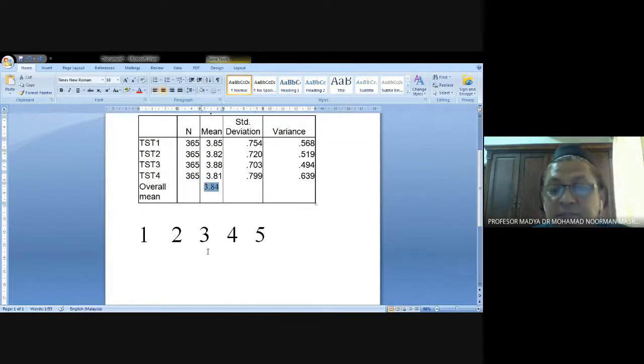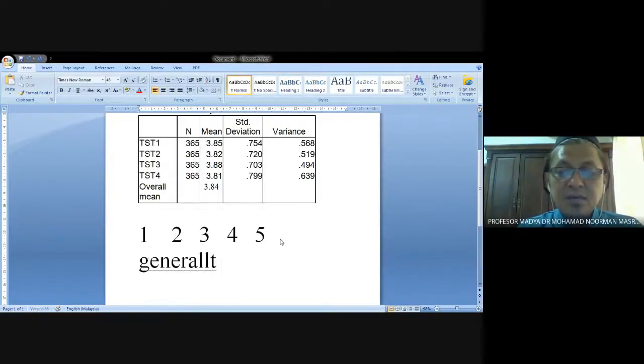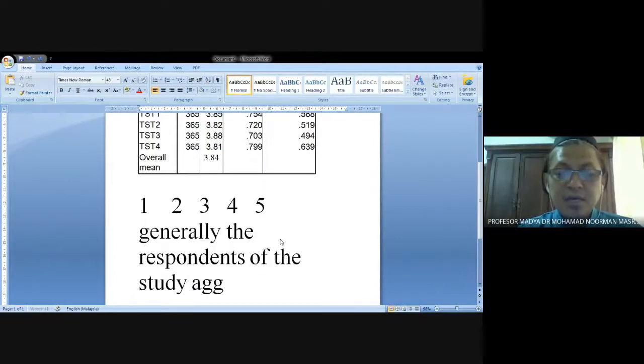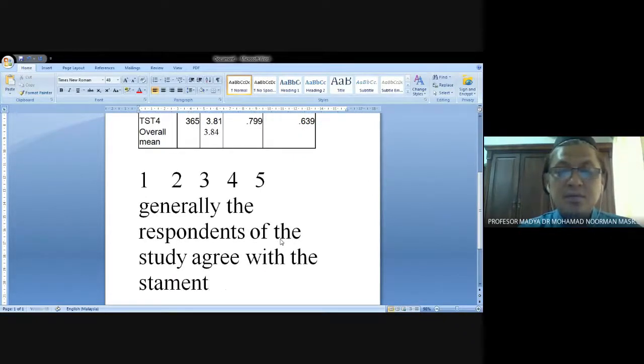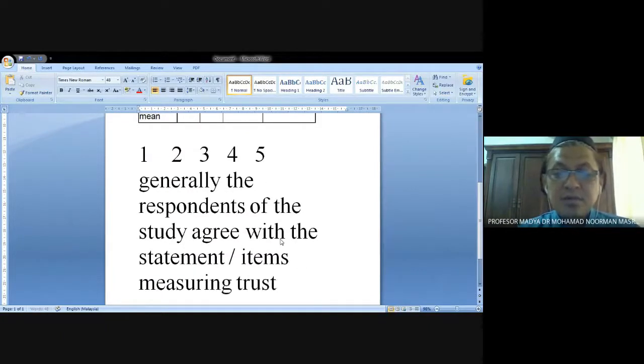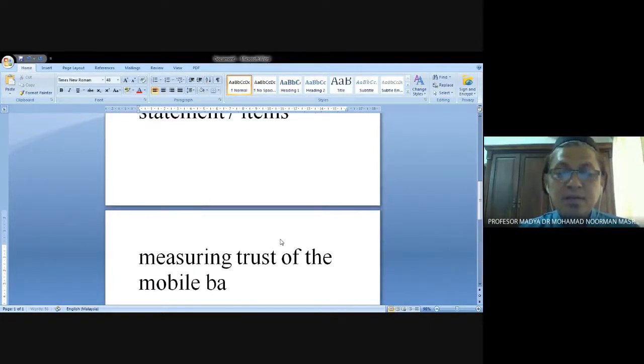You interpret descriptively. You can say generally, the respondents of the study agree with the statements or items measuring trust of the mobile banking.